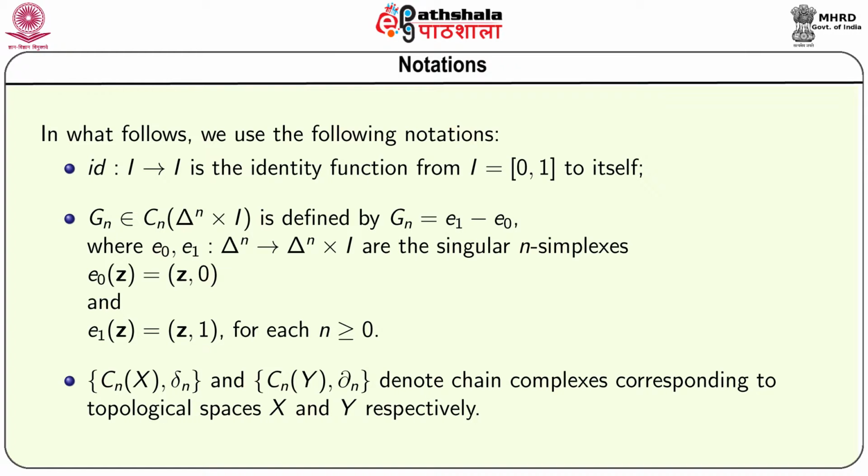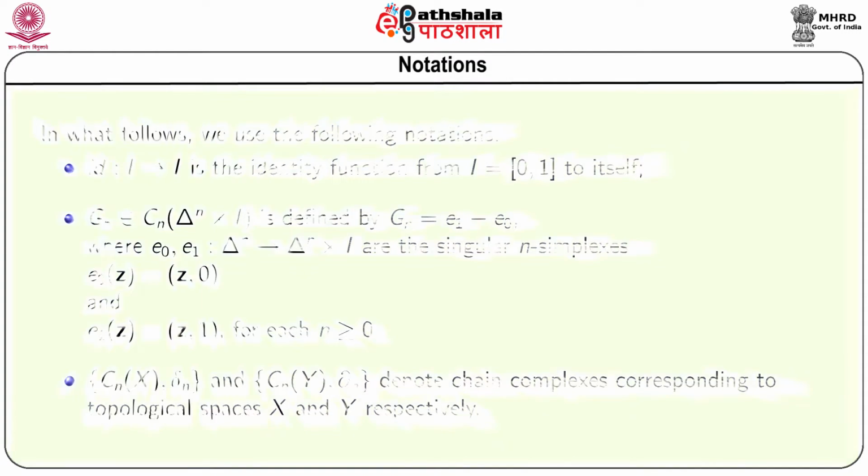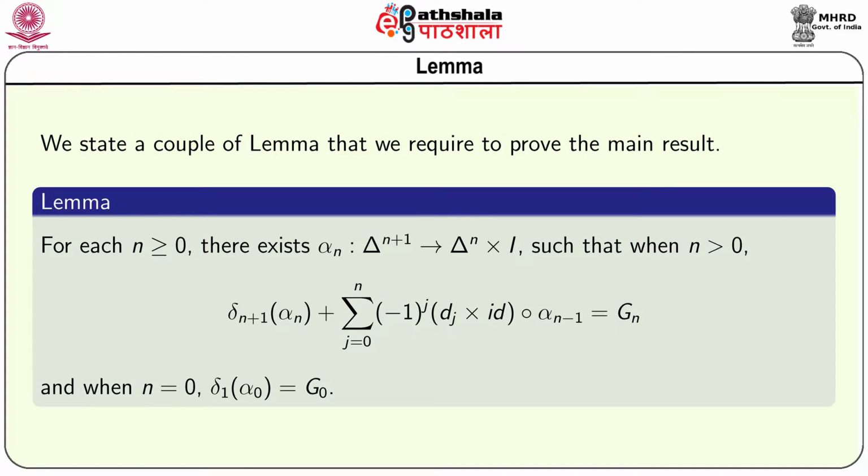Note that for simplicity of notation, we use E0 and E1 for each n greater than or equal to 0. Now, the collections Cn X with boundary delta n and Cn Y with boundary delta n will always denote the chain complexes corresponding to the topological spaces X and Y respectively.